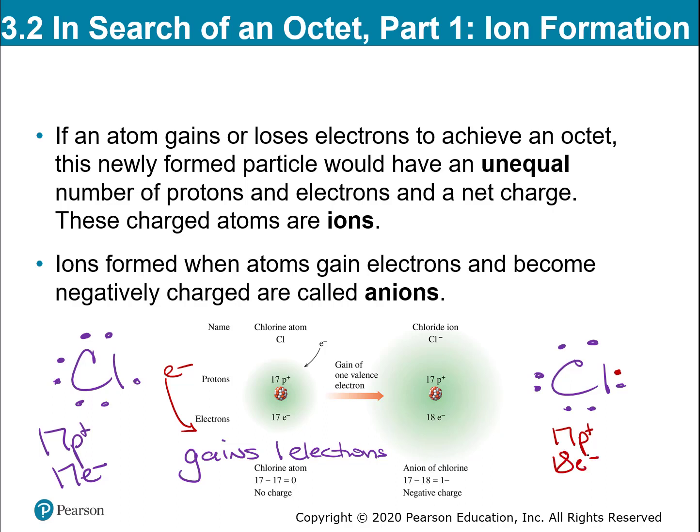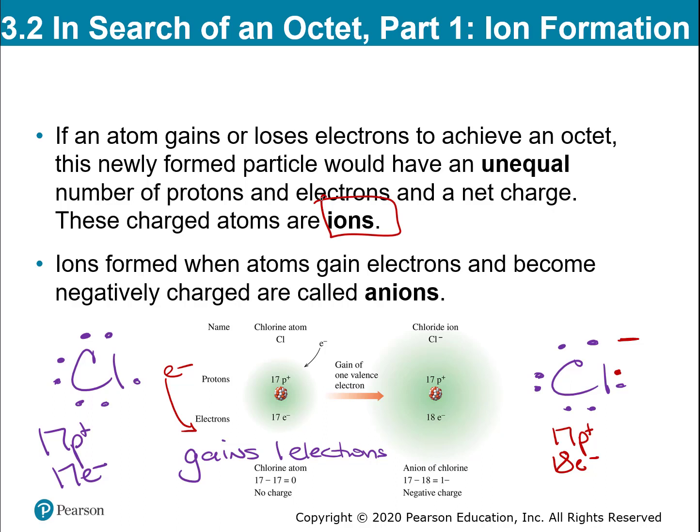Remember that protons are positively charged, electrons are negatively charged. So it has 1 more negative electron than positive proton. So the charge of this chlorine atom is now a negative charge because it has 1 more negative electron. But now, see, its valence electron is 8. This is an ion.